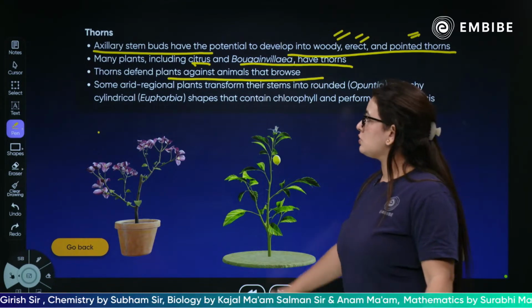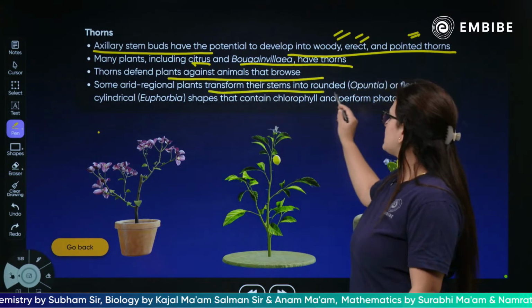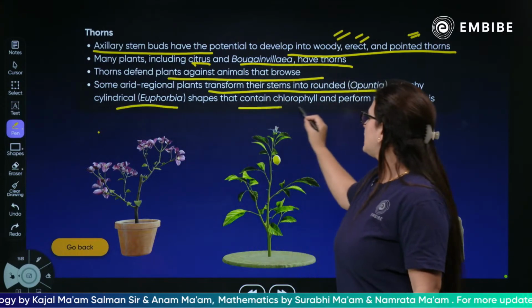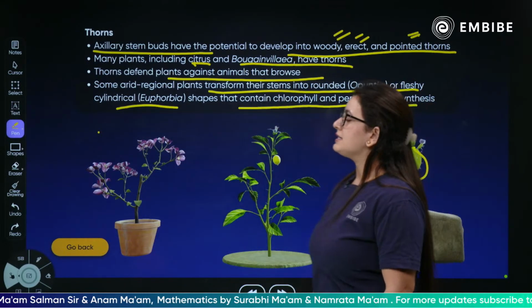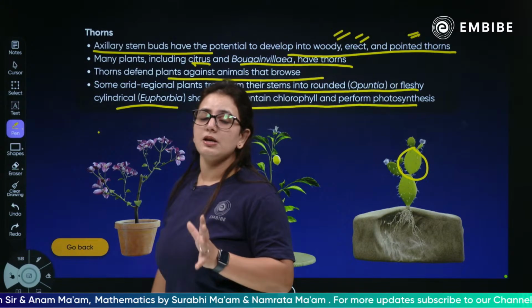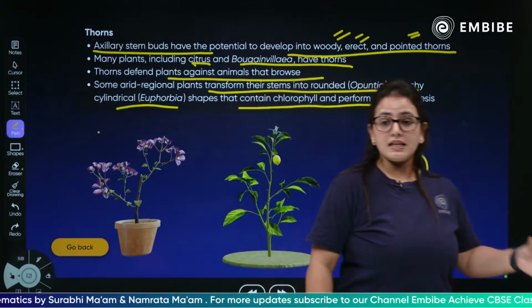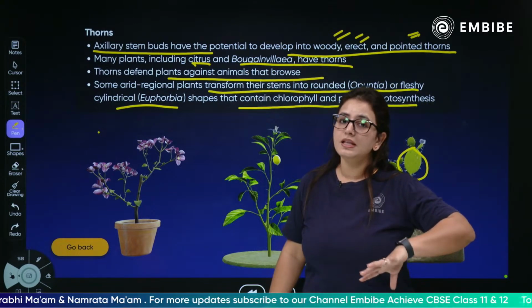Some arid region plants transform their stem into flattened opuntia or fleshy cylindrical euphorbia shapes that contain chlorophyll and perform photosynthesis. The plants present in semi-arid regions have transformed their stem.